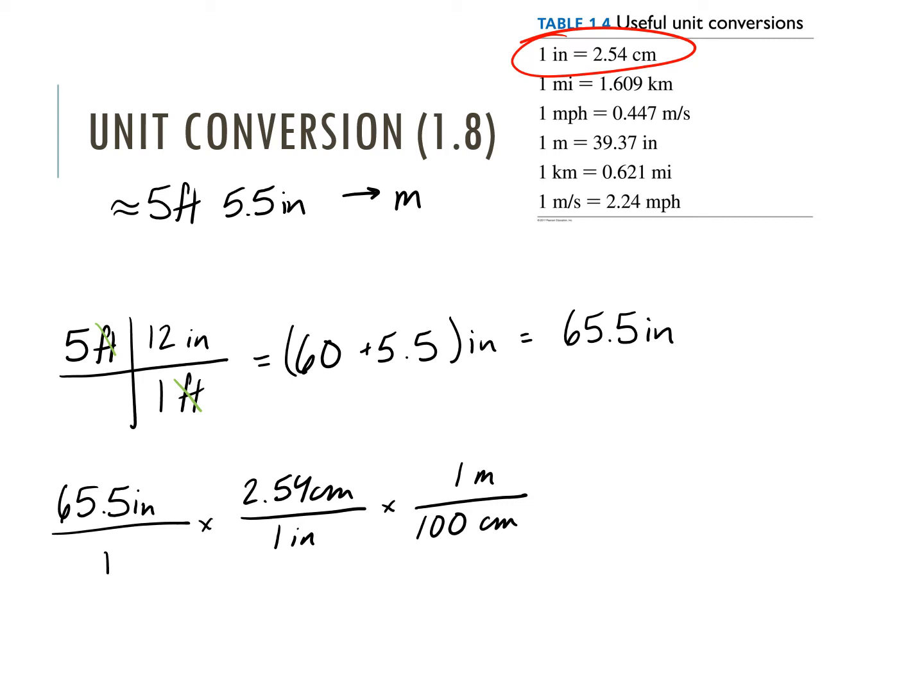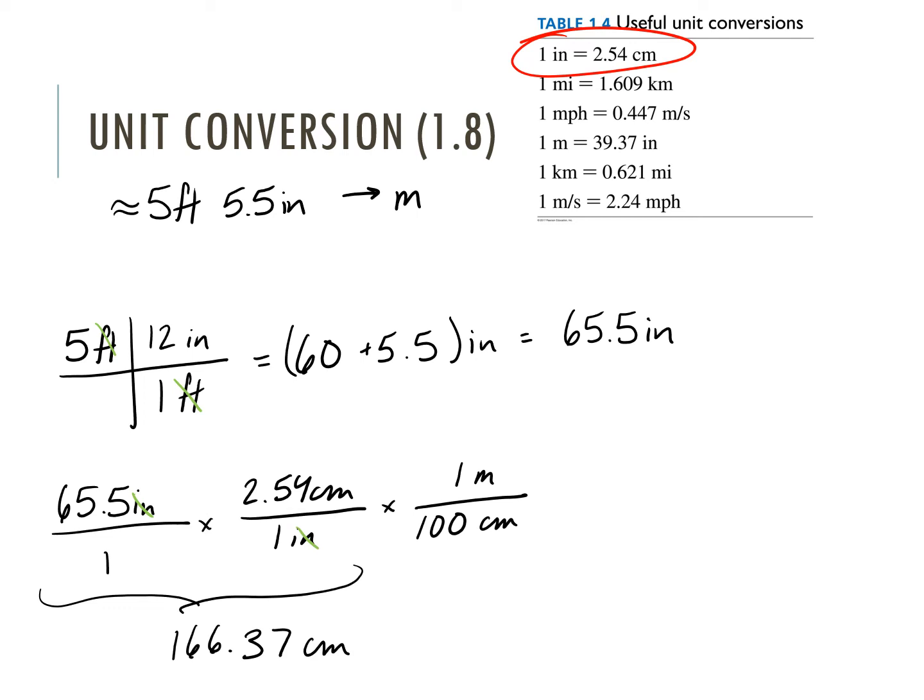So I'm going to take my 65.5 inches, I'm going to multiply it by 2.54. And if I just look at this part here, I got 166.37. So that would be my height in centimeters. Because if I, again, look at my units in the numerator and denominator, they're going to end up canceling out, and I have centimeters.